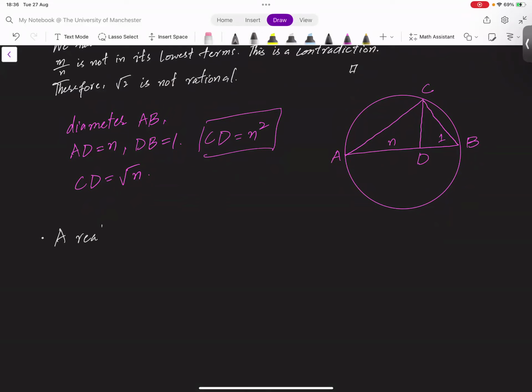A real number that is not rational is called an irrational.